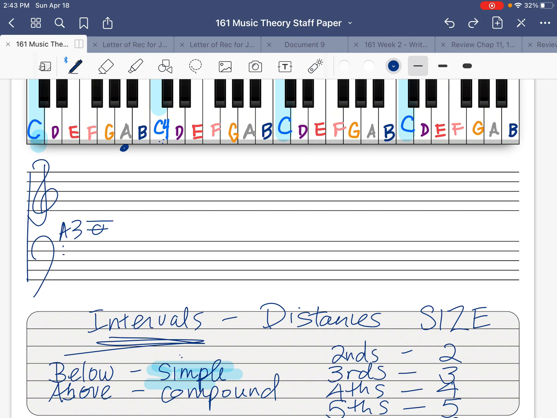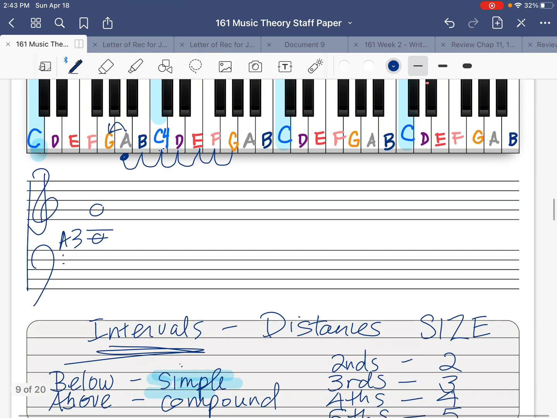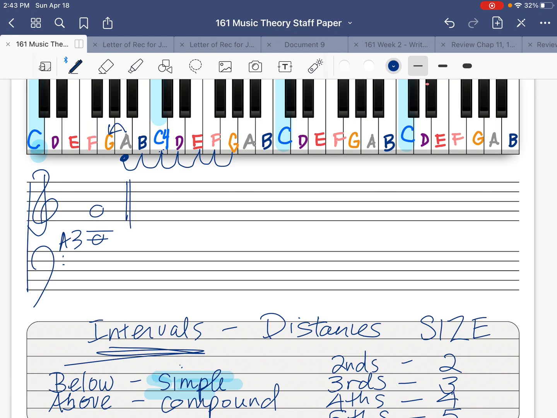So count A as 1, 1, 2, 3, 4, 5, 6, 7, and you get G. Now, if you thought, wow, well, G is right below A, yes, and we'll discuss that in interval inversion in a second. That's the shortcut to find a seventh: instead of thinking up 7, just think down 1. That's the easiest way to think of a seventh.